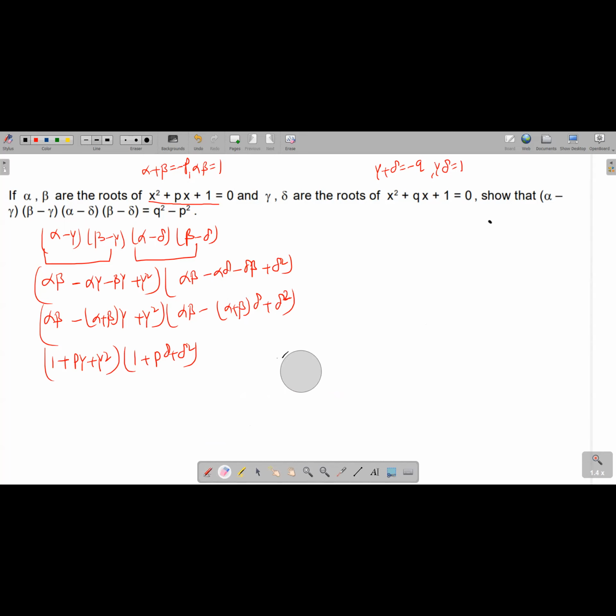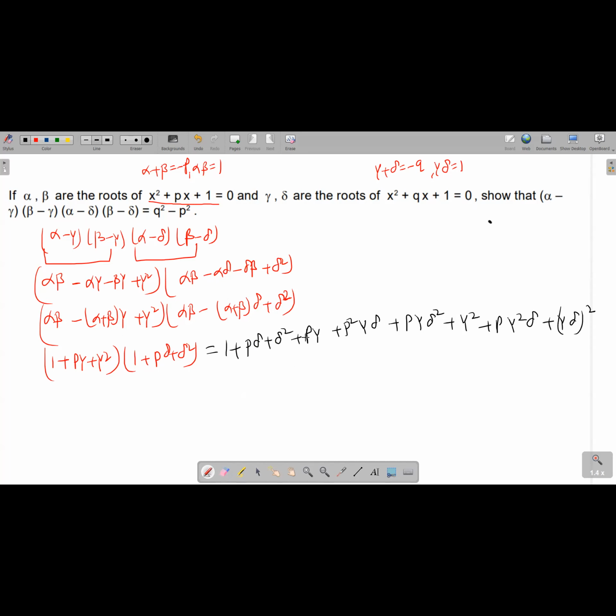I think. Wait. Let me multiply again. See, here it is correct, right? 1 plus p. Correct. Now multiply here. 1 plus p delta plus delta square, and then p gamma plus p square gamma delta plus p gamma delta square, and then gamma square plus p gamma square delta, and then gamma delta whole square.